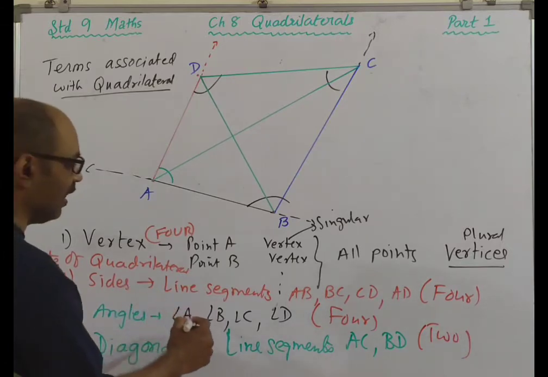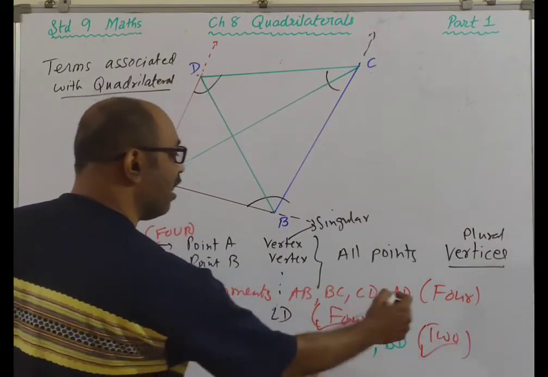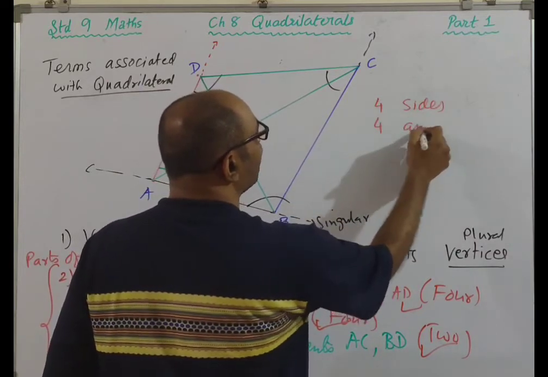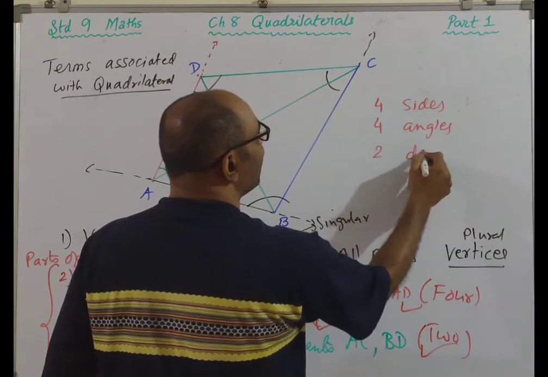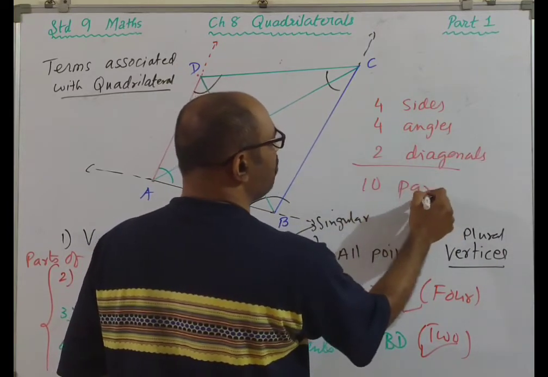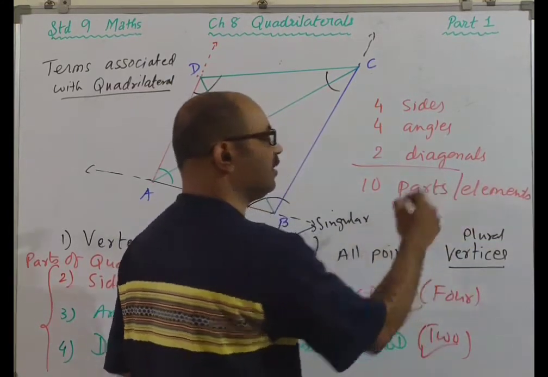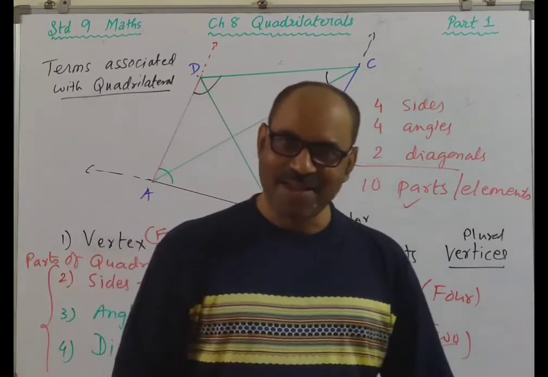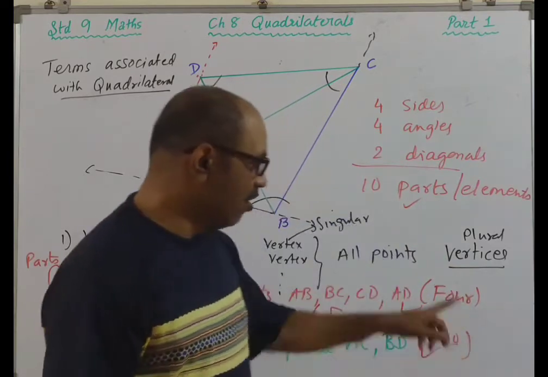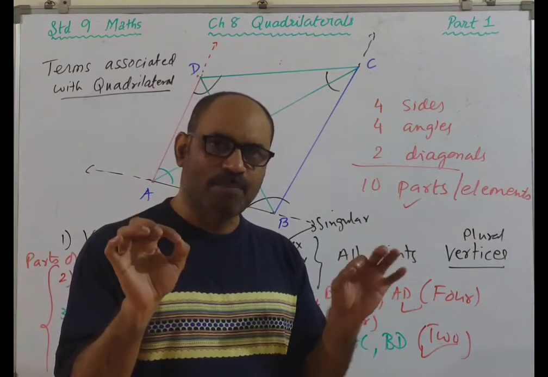So how many parts does a quadrilateral have? 4 sides, 4 angles and 2 diagonals. So a total of 10 parts, also called elements. So a quadrilateral has 10 parts or 10 elements. Vertices are not considered to be parts, they are simply points.